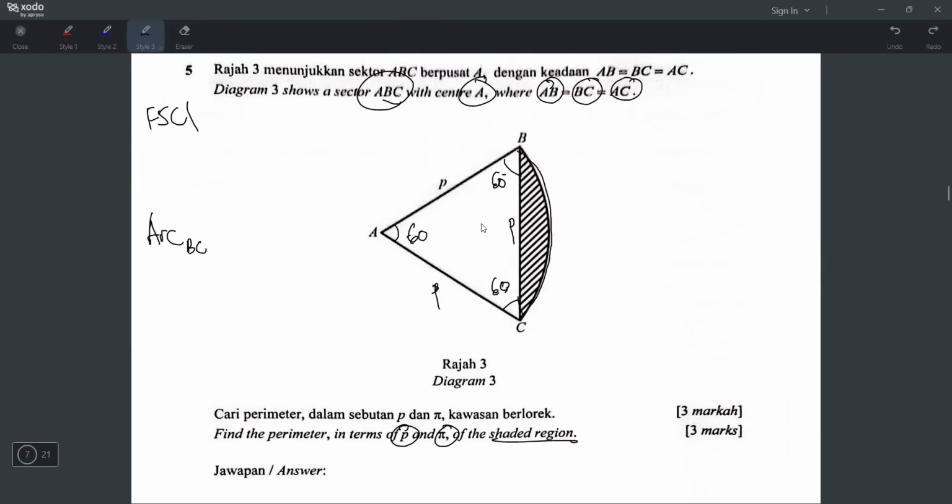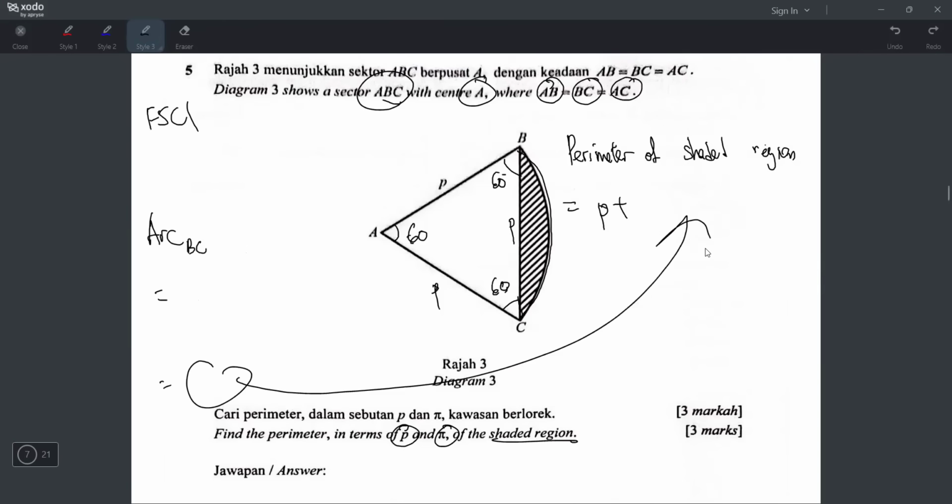But actually we already know this line is P, and they already say in terms of P. So the perimeter of the shaded region will just be P, which is the chord's length, plus the answer I get from the arc BC. Because the question says in terms of P, I don't need to find the P. So let's just find the arc and then put it in here. Then it's done.